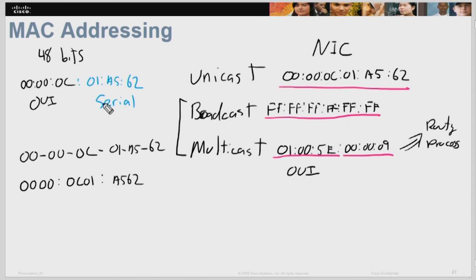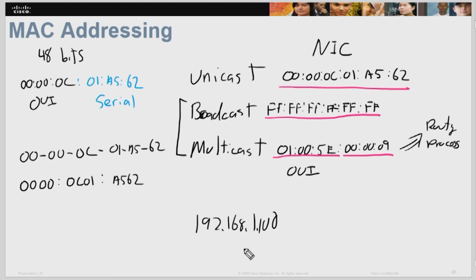Again, it would be wise to be familiar with all of these, because depending on which documentation you read, which router interface you're looking at, which white paper you're reading, you may go, oh, you're not supposed to use dashes, you have to use colons. Well, it completely depends on how you want to represent it. You have to remember that just like an IP address, when we look at an IP address, 192.168.1.100, that's not 4 octets.